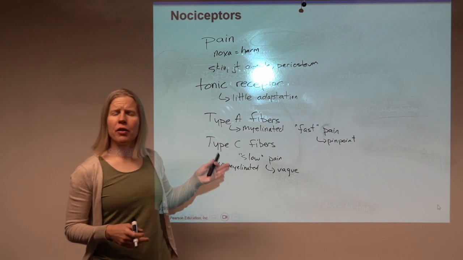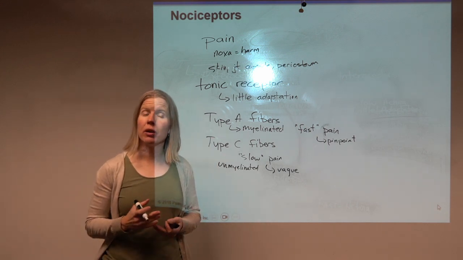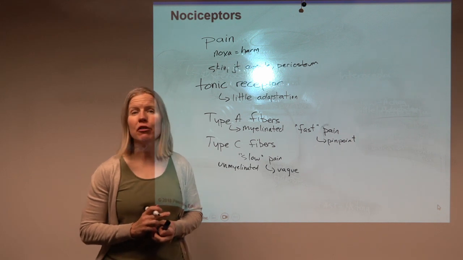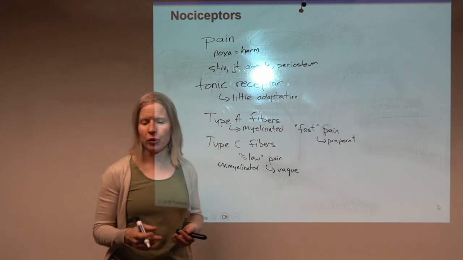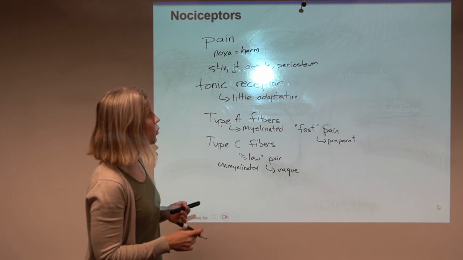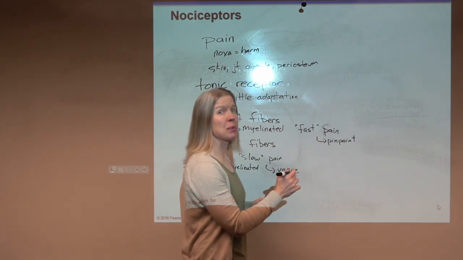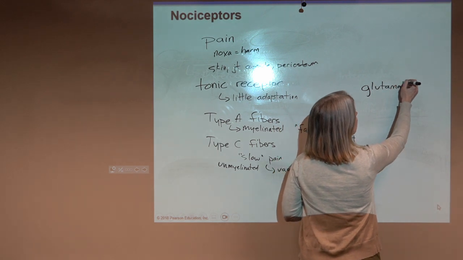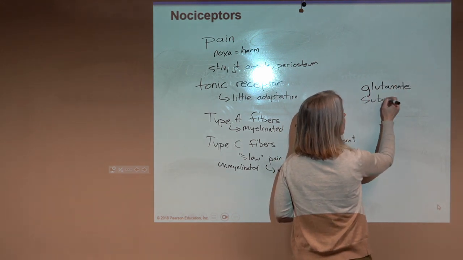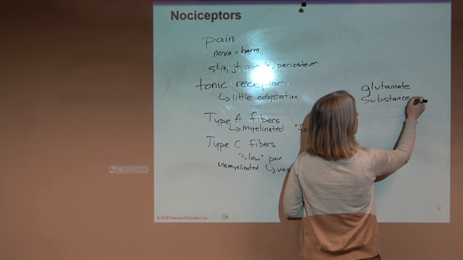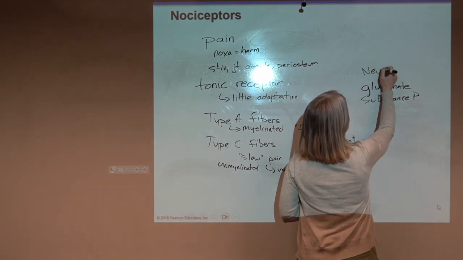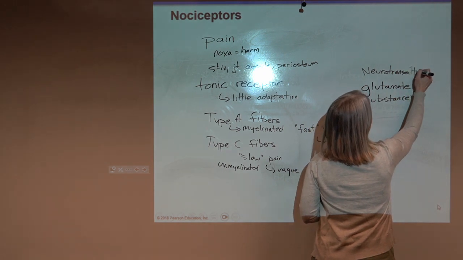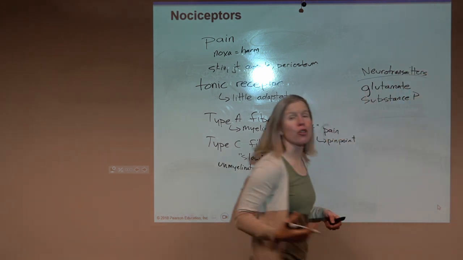A couple other things that are kind of unique maybe with nociceptors. So nociceptors are actually going to use different neurotransmitters. So instead of using acetylcholine, we're going to use glutamate and substance P, as our neurotransmitters.